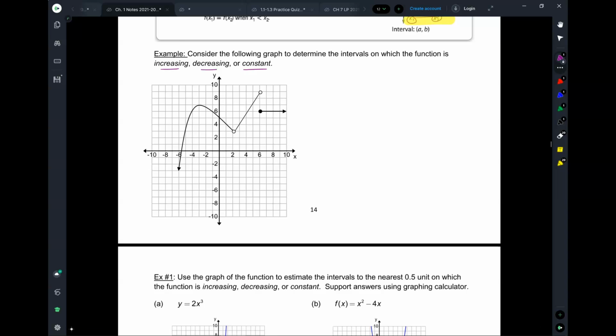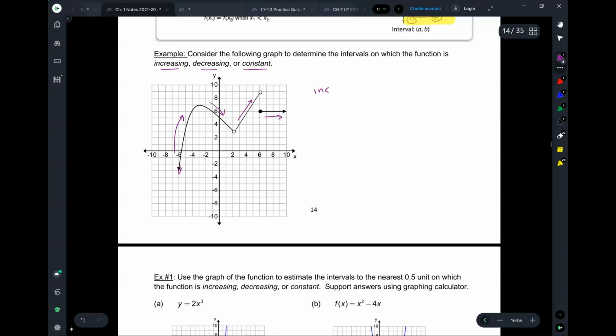So we can take a look at this function, and you see that this function goes down here, and it will stretch out into x equals negative infinity, right? So to look at increasing and decreasing, we look at the function from left to right. Starting from the left, we see that this function is increasing, then it decreases, then it increases, and then it's constant for a little bit.